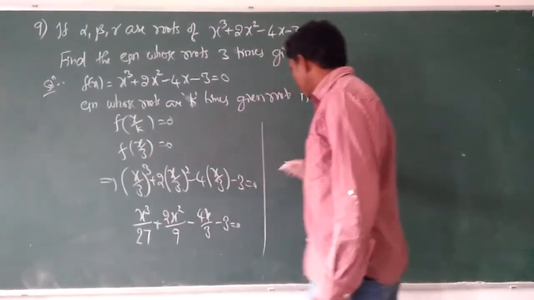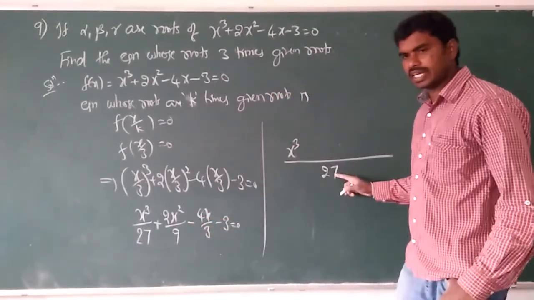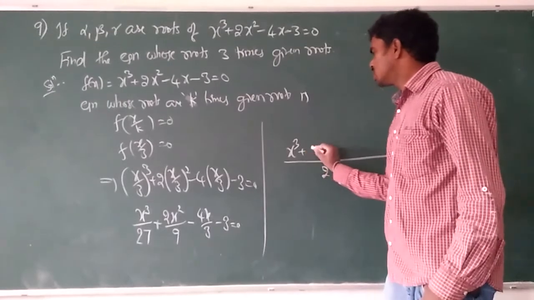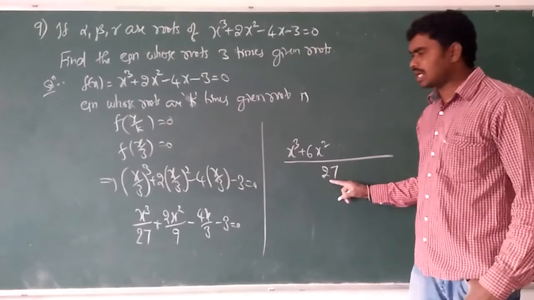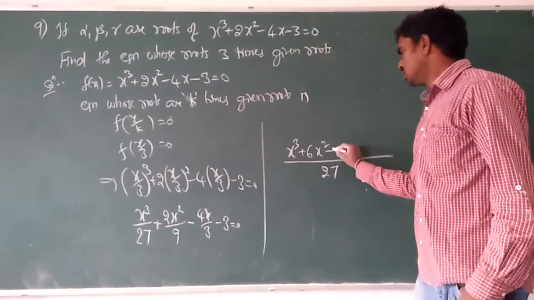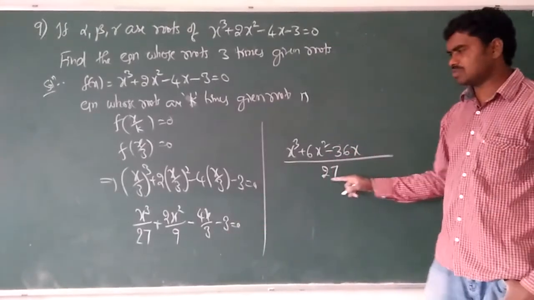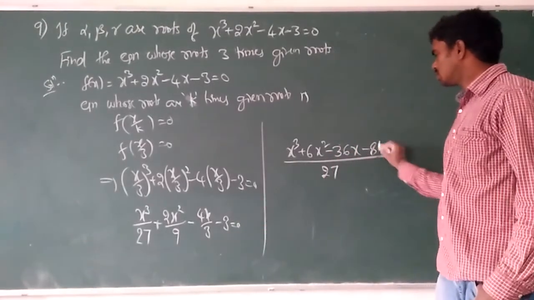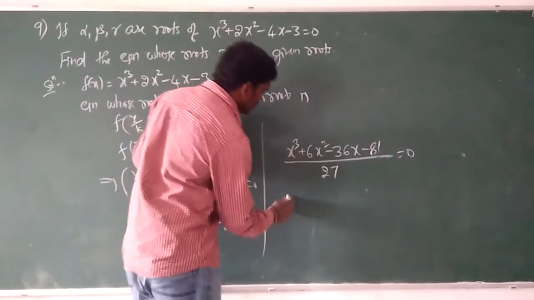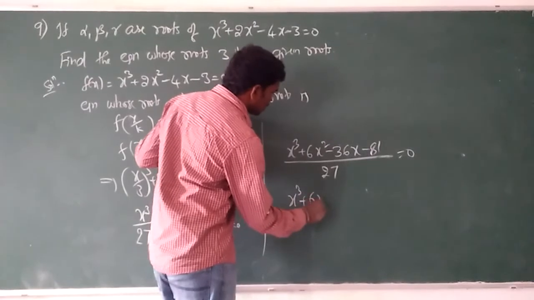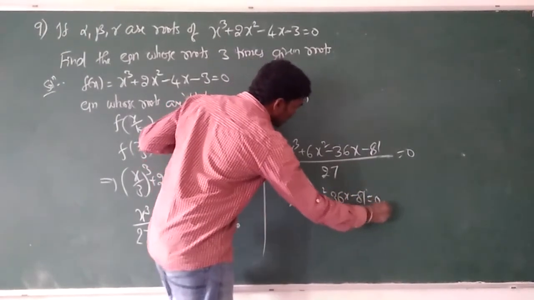Then x cube. 9 is there in the 9 table 3 times, 3 into 2 is 6x square. 3 is there in the 3 table 9 times, 9 into 4 is 36x. 27 into 3 is 81, equal to 0. So x cube plus 6x square minus 36x minus 81 equal to 0 is the answer.